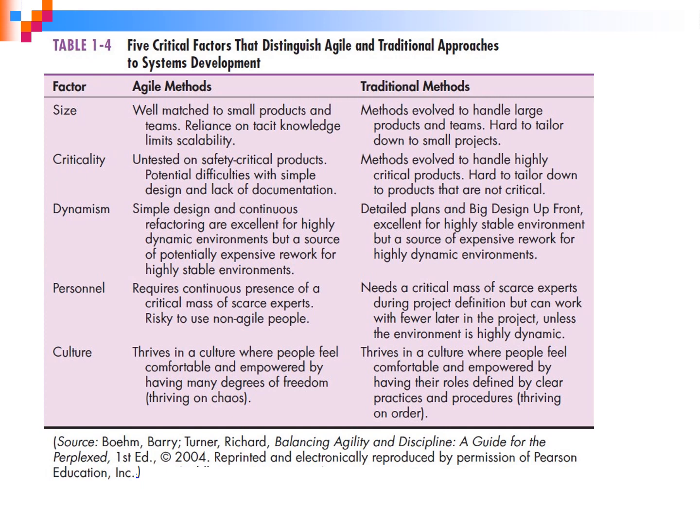And the last one, culture: agile thrives in a culture where people feel comfortable and empowered by having many degrees of freedom, thriving on chaos. And for the traditional, it thrives in a culture where people feel comfortable and empowered by having their roles defined by clear practices and procedures, so thriving on order.